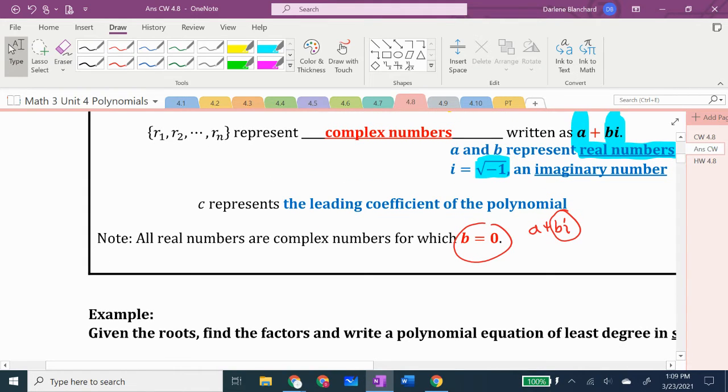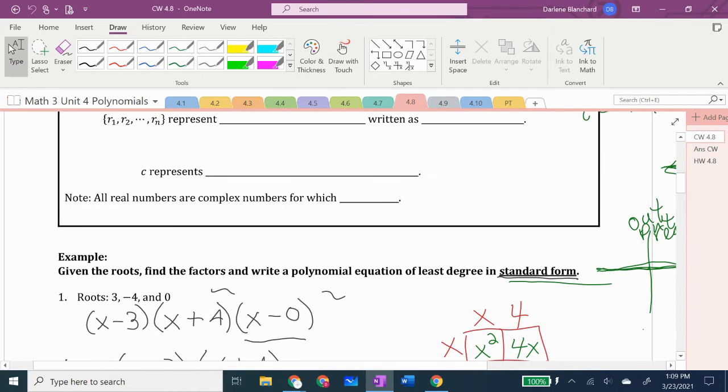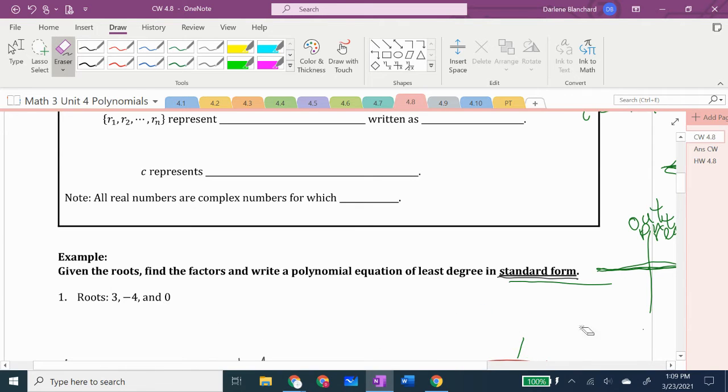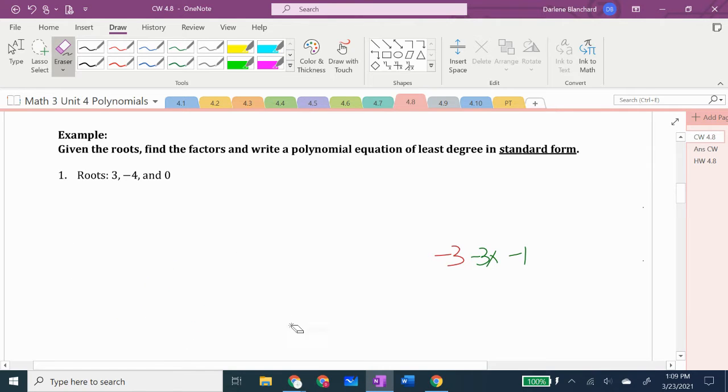Now, the first example we are going to take a look at is not going to involve the imaginary numbers, the complex numbers yet. We're going to look at creating a polynomial with real roots.